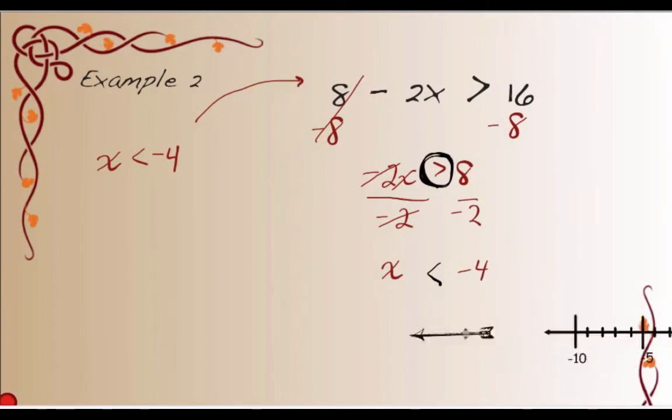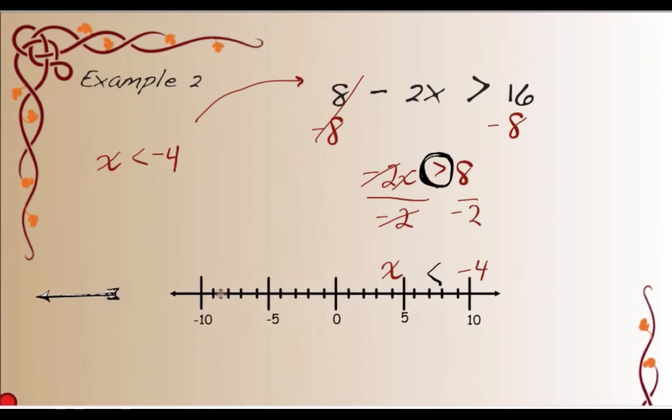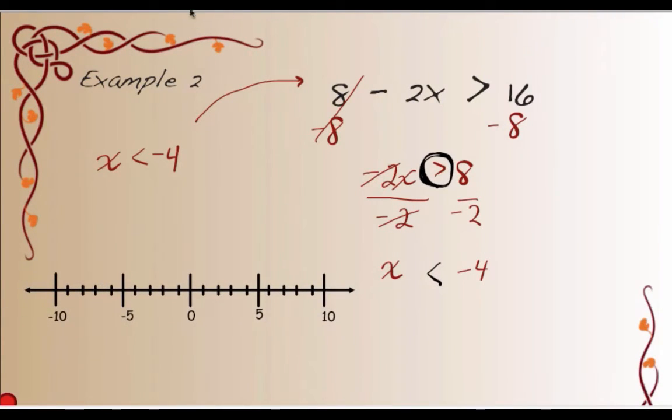Now, how about if I were to graph that? What would it look like? Come over here, and it tells me negative 4 won't work. So I circle negative 4, because what's the very next number less than negative 4? Most of you are going to say, well, negative 5. But that's not true. How about negative 4.1? That's less than negative 4.